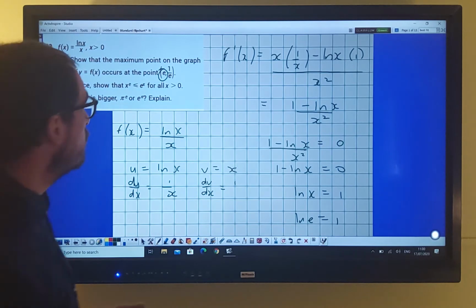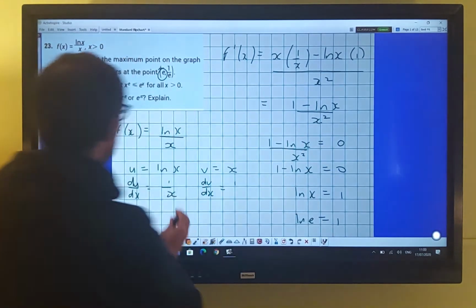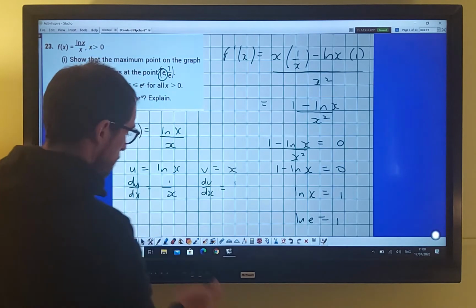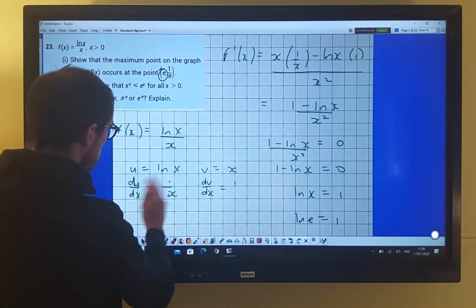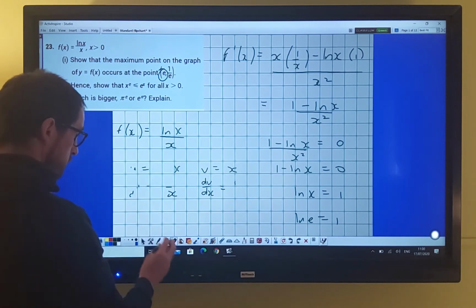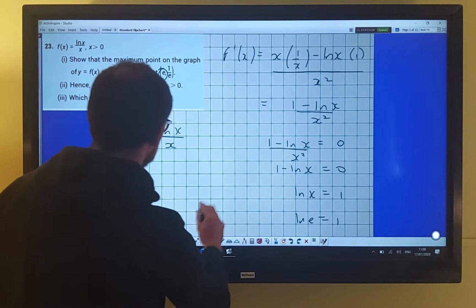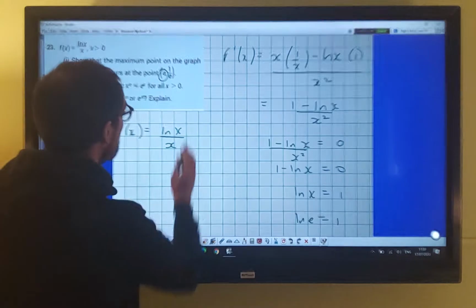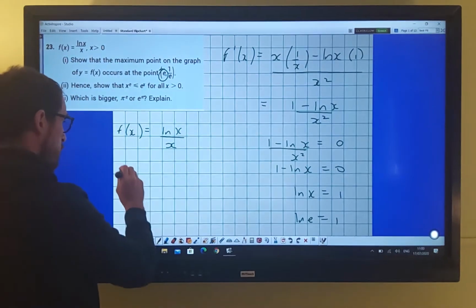Now, if you put it into the original equation, I'm just going to give you some space here. We'll rub this out, and there we go. Because the x value is Euler's number, I'm going to get f of e.